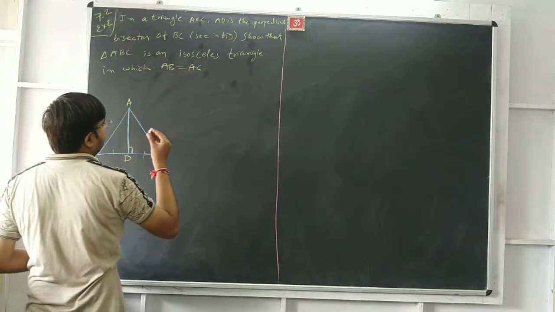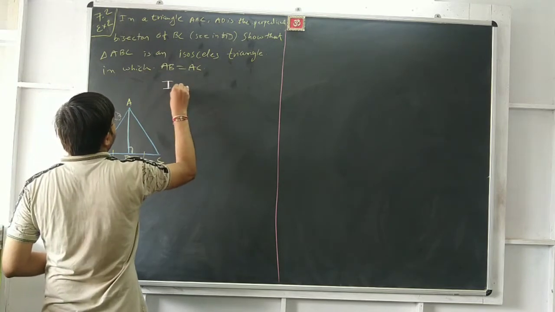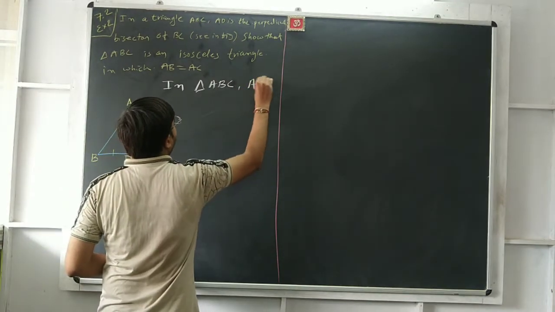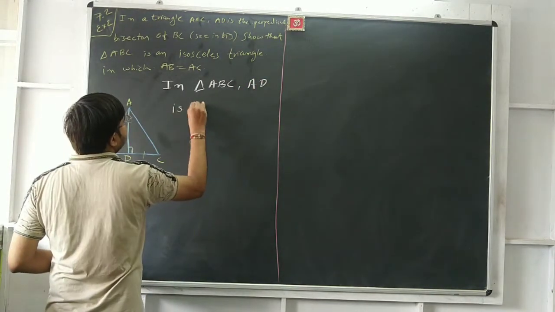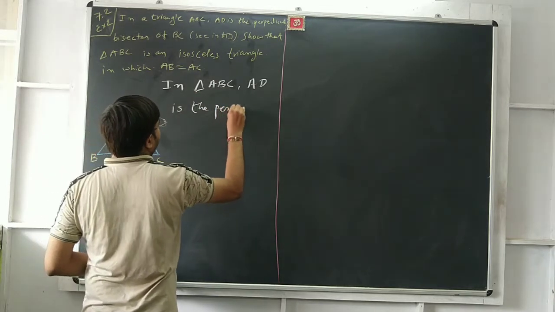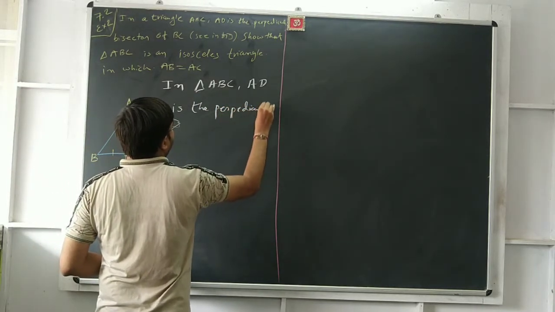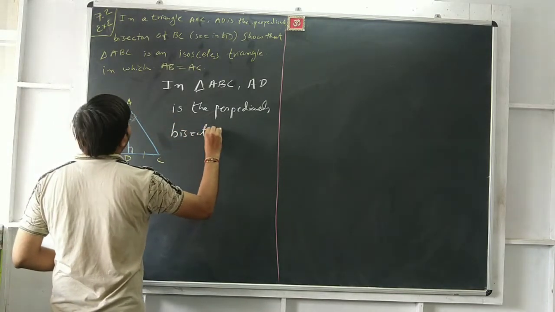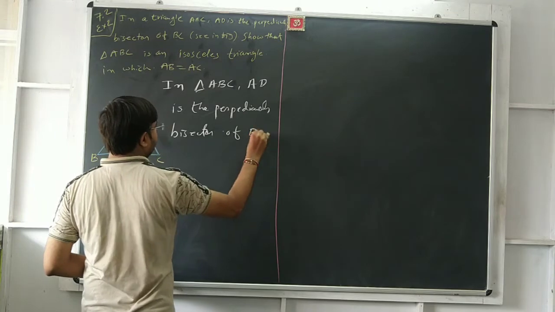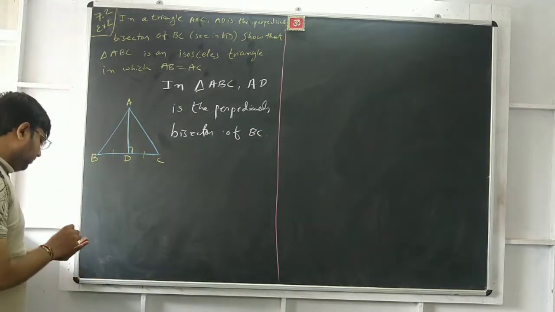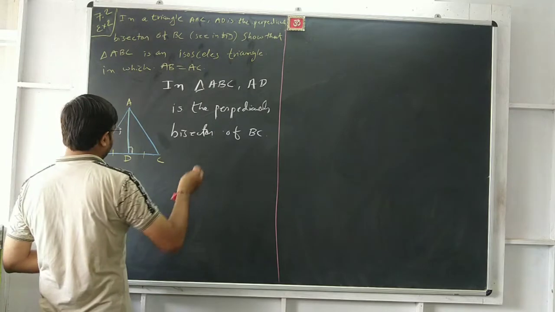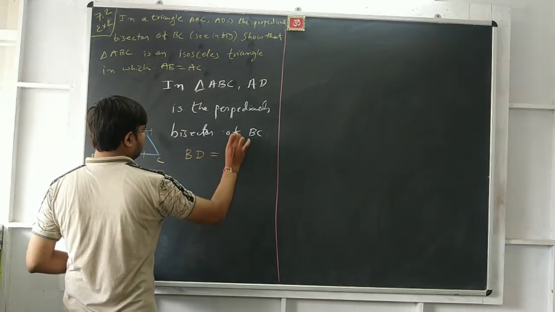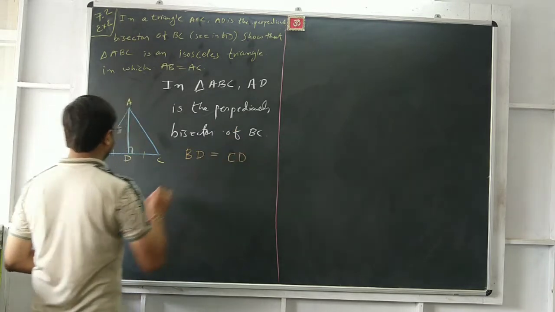First I can write, in triangle ABC, AD is the perpendicular bisector of BC. So I can write that BD is equal to CD.